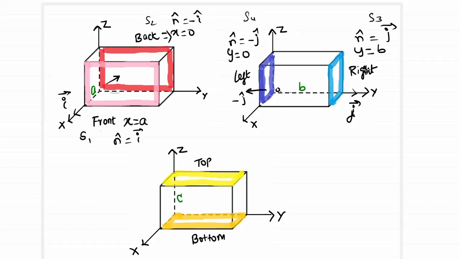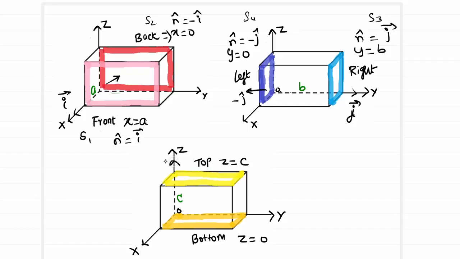Totally 4 surfaces over. Now coming to the last two. What are the last two? A top and a bottom. Now coming to the bottom, XOY, which is missing over here, z equal to 0. So the bottom plane is called z equal to 0. If I move c units to the top, then my top plane is called z equal to c.